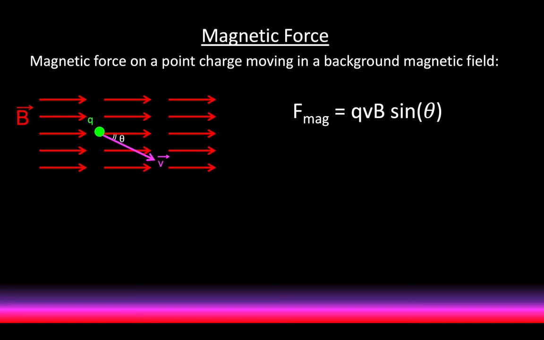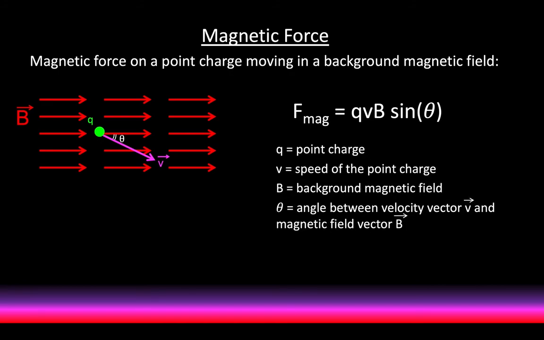So the equation for the strength of the magnetic force is given by QVB sine theta. Here Q is the point charge, how many coulombs of charge the particle has. V is the speed of that charged particle. B is the strength of the background magnetic field.